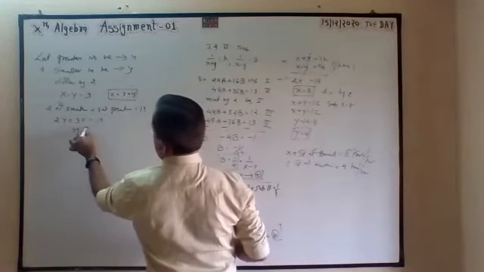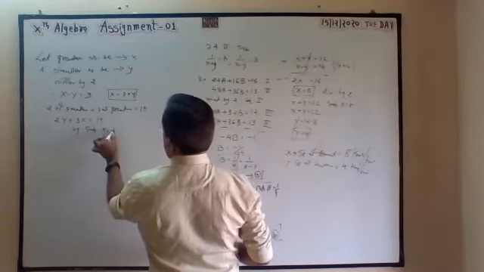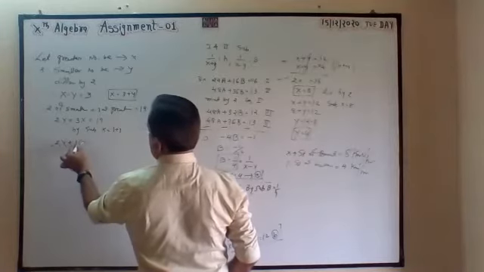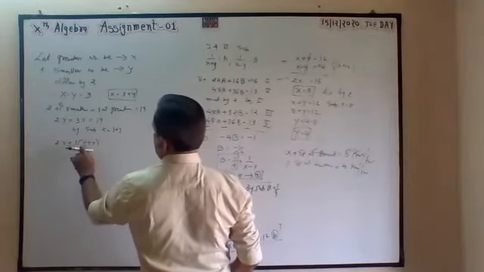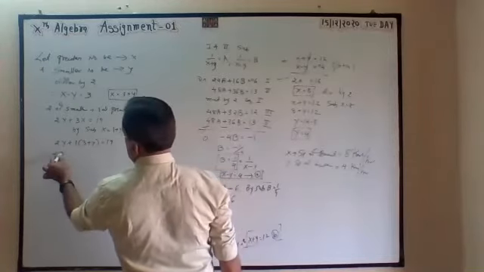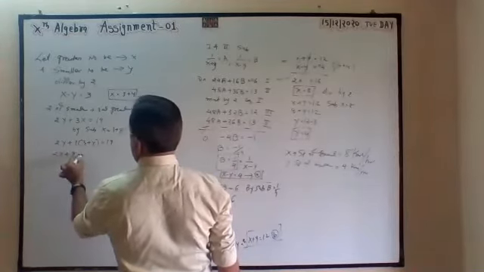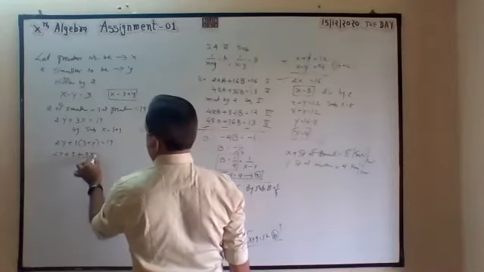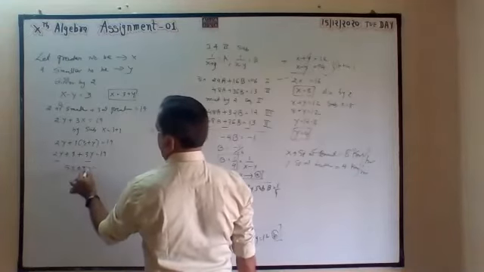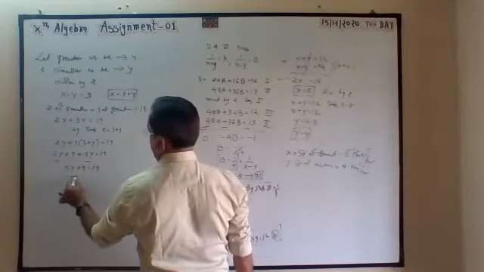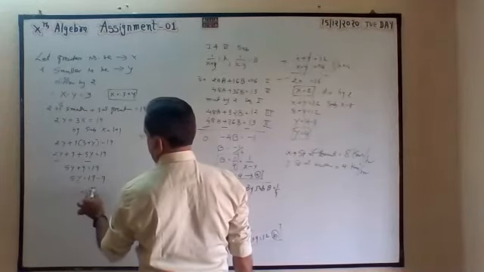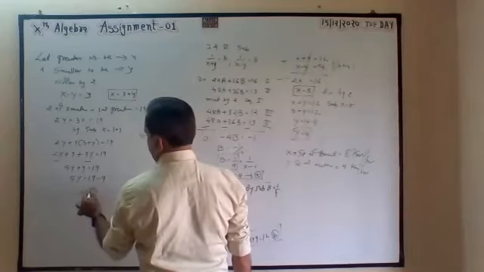So by substituting x is equal to 3 plus y: 2y plus 3 times (3 plus y) is equal to 90. So 2y plus 9 plus 3y is equal to 90. 5y plus 9 is equal to 90, so 5y is 90 minus 9.